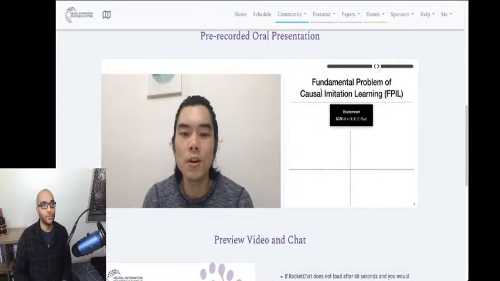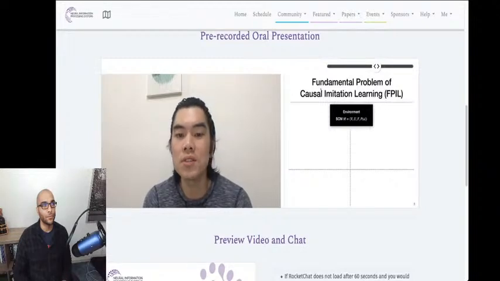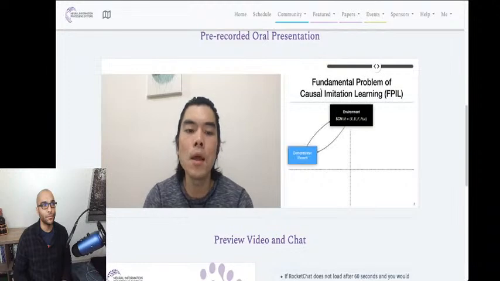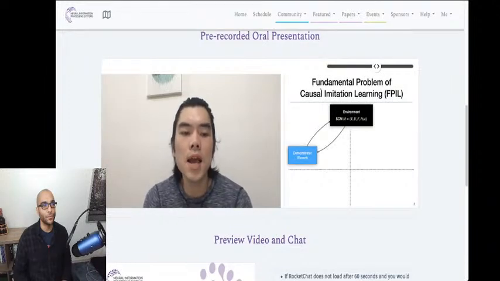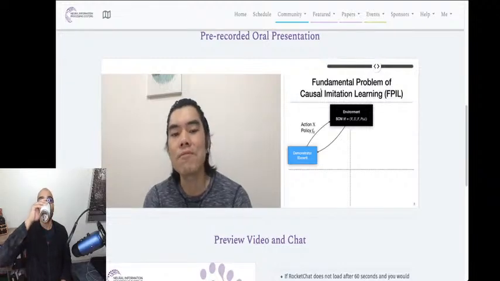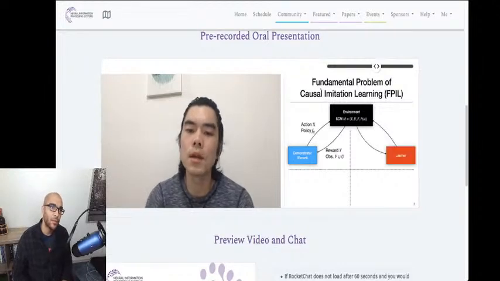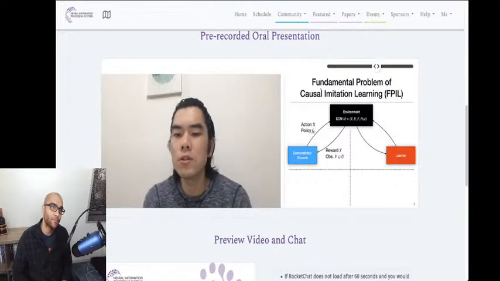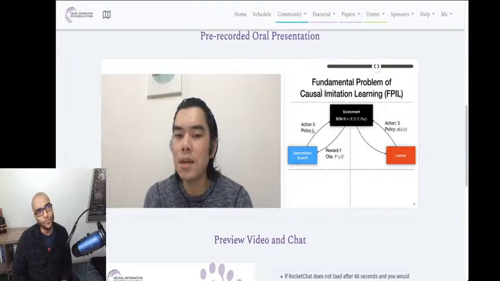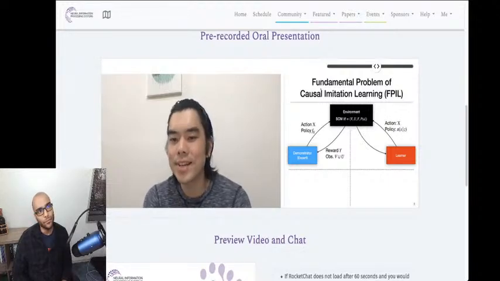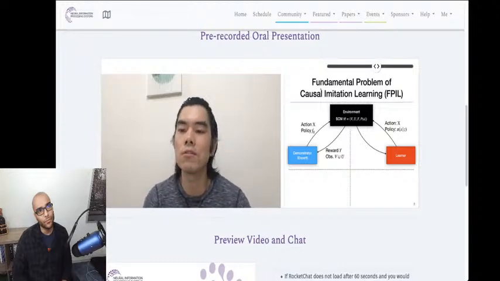Here, we show a graphical representation of the problem setting. We model the underlying environment as a structural causal model. In such an environment, an expert agent decides the value of the action X through a behavior policy Fx, and in return receives a reward Y. We also have a learner agent that intervenes on the same action X, but through a different stochastic policy, pi X given Z. Here, Z is a set of covariate variables.